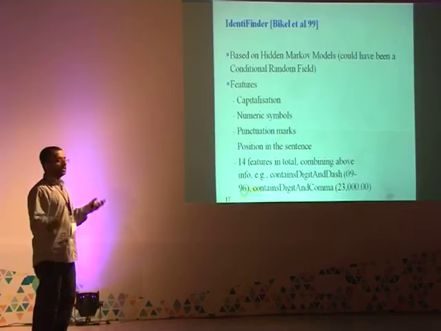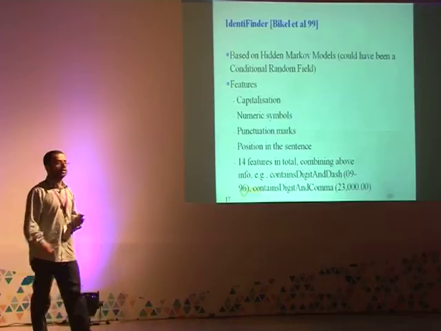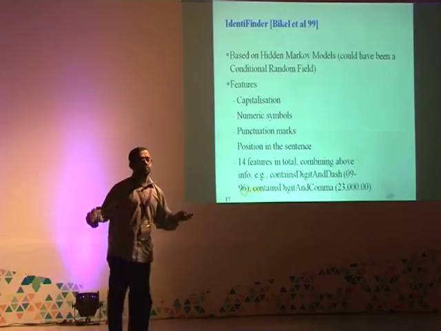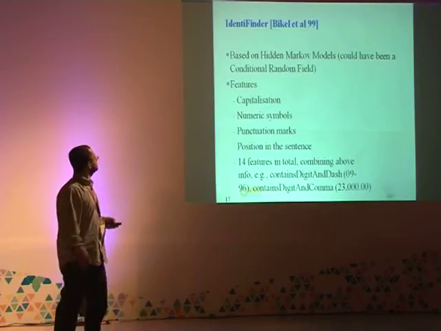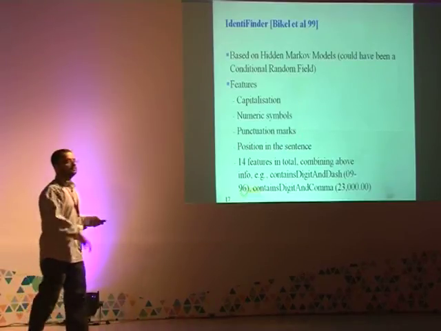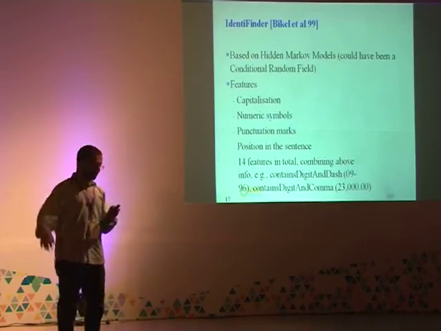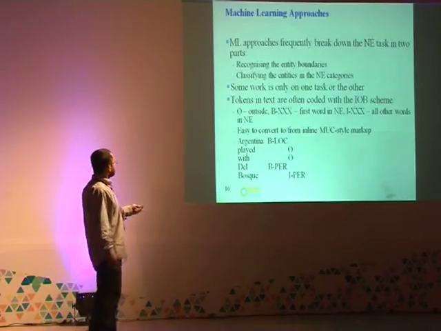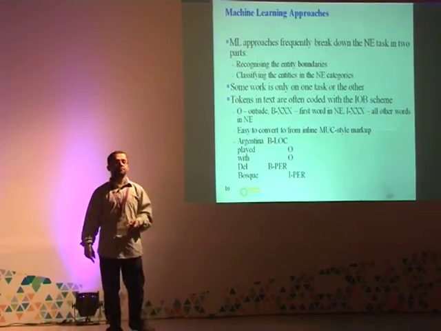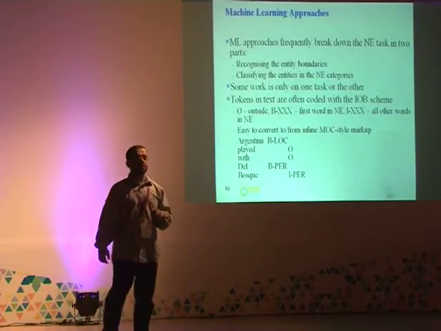Identifinder was one of the earliest named entity annotation systems which made use of machine learning, and that was based on hidden Markov models. There are versions of Identifinder today, I guess, with conditional random fields instead of the hidden Markov model. The basic idea of these models is to capture transition between these labels. So the fact that a person has begun might provide a trigger for an inside tag to be the label for the next token.